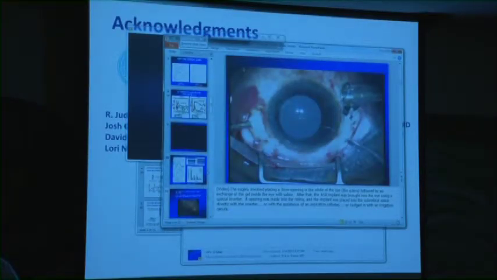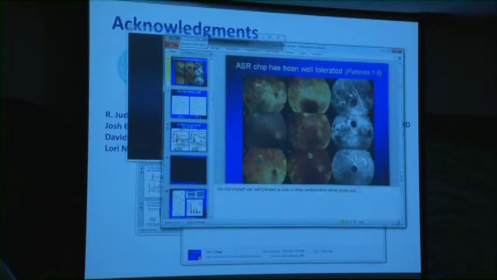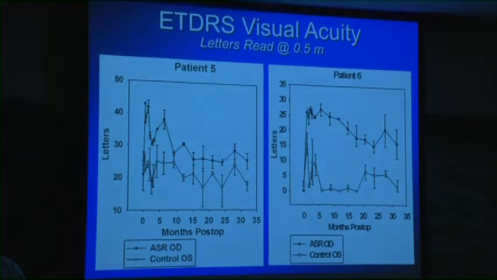What we found was that in addition to the implant being well tolerated and producing phosphenes, we were seeing that there was a neurotrophic effect from the implant, and that patients were regaining vision in areas outside where the implant was.